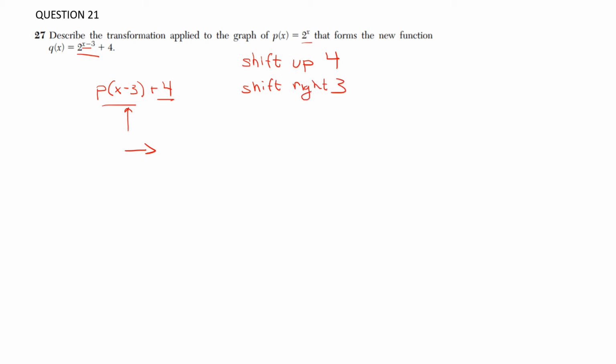So this is just a translation where you shift up by 4 and shift right by 3. If you need further convincing, you can graph 2 to the x, and also graph 2 to the x minus 3 plus 4 in your calculator, and you'll see that it is indeed shifted up by 4 and to the right by 3.